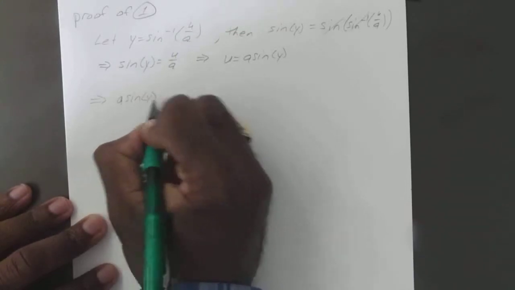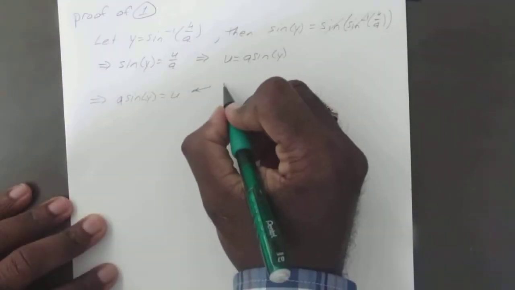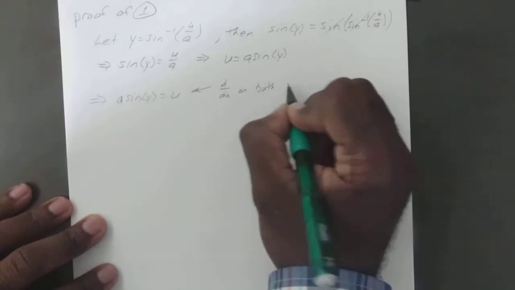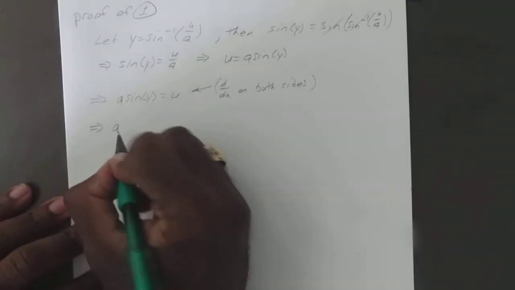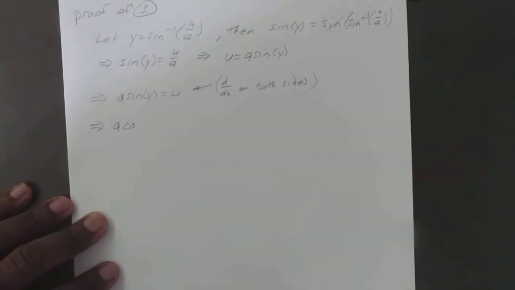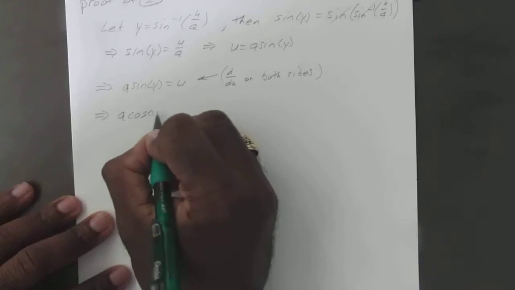I'm just going to switch that back over: a sine of y equals u. If we differentiate both sides with respect to u, the derivative of sine of y is cosine of y.